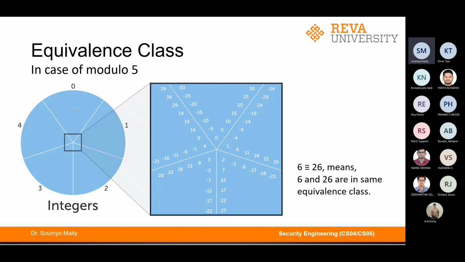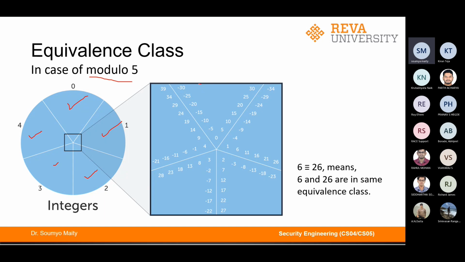Now you see, we can put all the numbers in the universe into this 5 bucket, because it is modulo 5. That means all the numbers in the universe, the remainder will be either 0 if you divide it by 5, or 1, or 2, or 3, or 4.